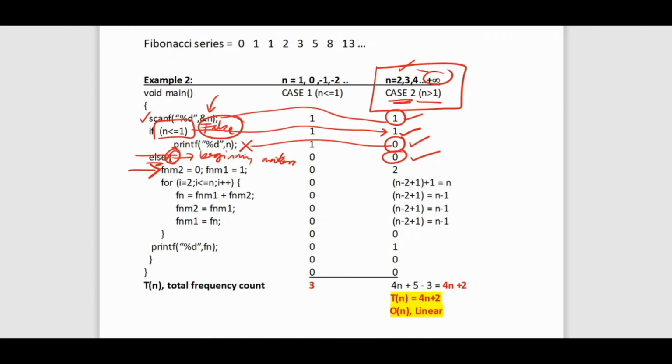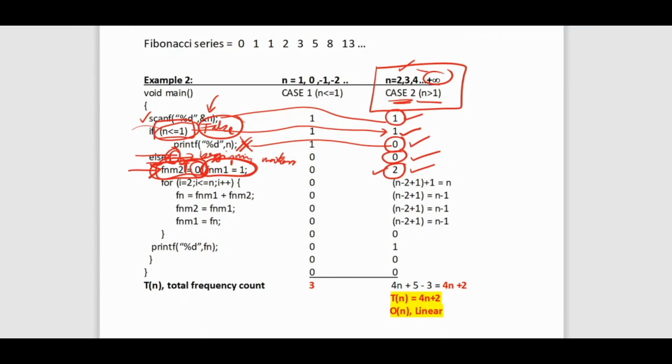So when the condition is false, it jumps to execute the first statement, which is this one, assigning the value 0 to the variable fnm2. So this is executed once, and the next statement in this line is executed once too. So a total of 2 executions. Why 2? Because there are 2 statements in this line.